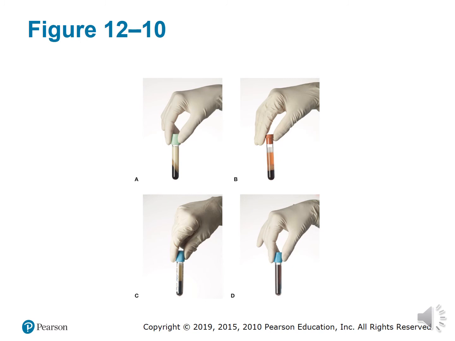B, you can tell maybe prior to the sitting time, hemolysis has occurred, so the red blood cells have been ruptured. C looks like a good one, and D hasn't been mixed properly.